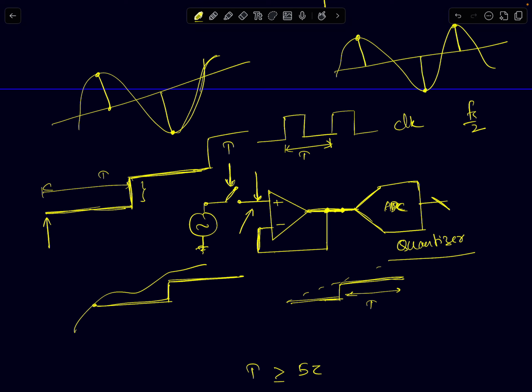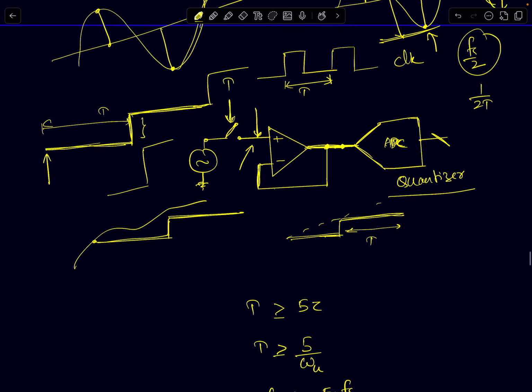This is how the sampling process will look for a sinusoid at the Nyquist frequency. So the maximum step change at this point will be equal to the peak to peak value of your input signal. It's going to vary from the negative peak to the positive peak. That's the maximum change in your input.